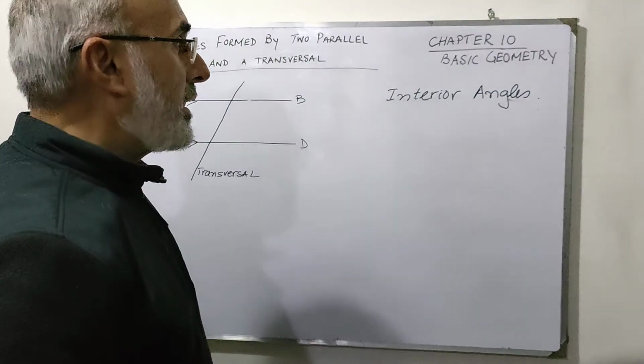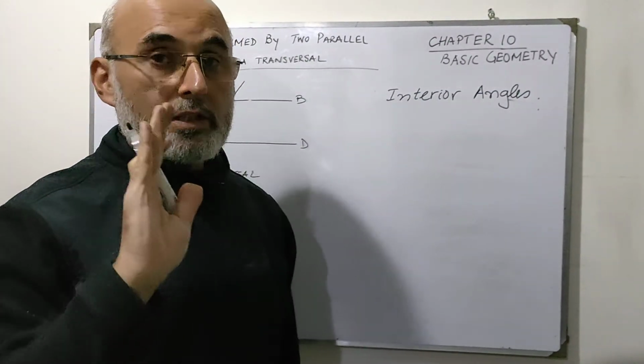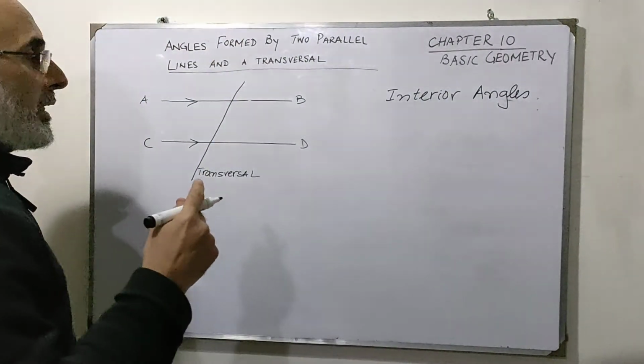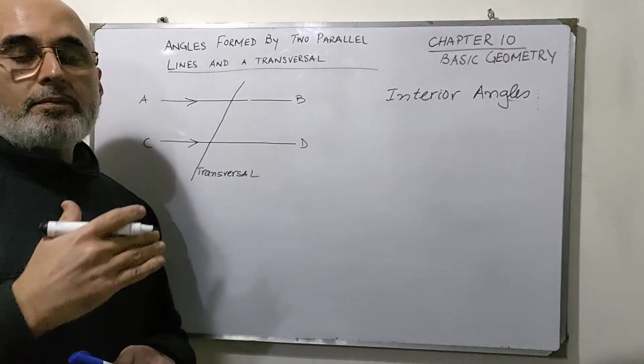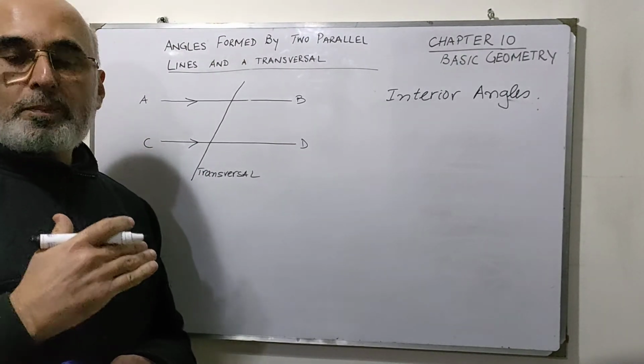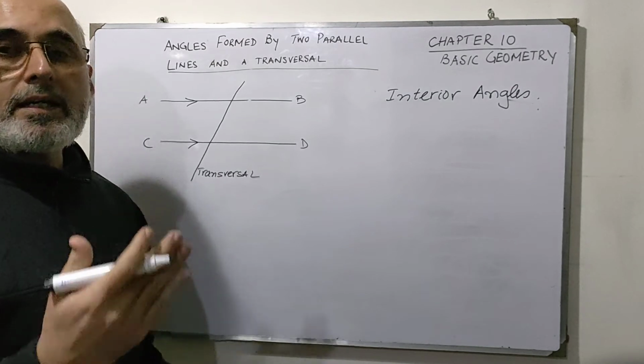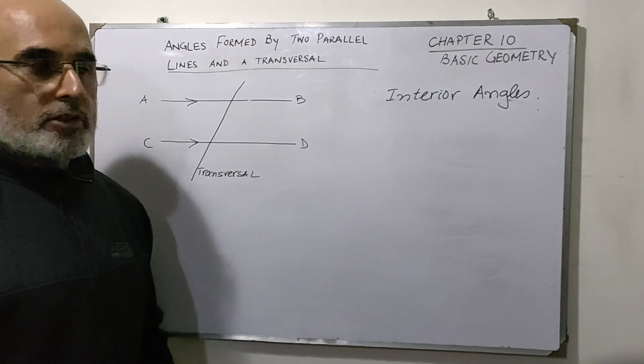Okay, I am saying interior angles, not the alternate, just interior angles. Interior angles are also within the two parallel lines, but they are on the same side of the transversal line.